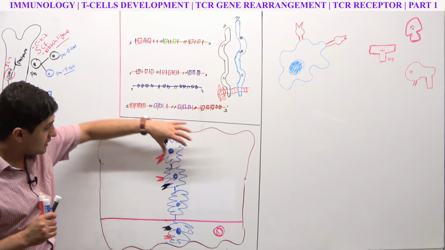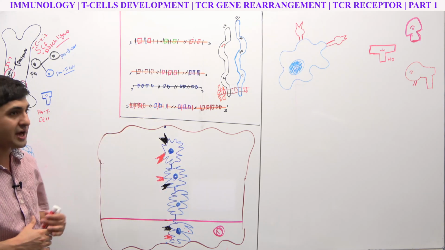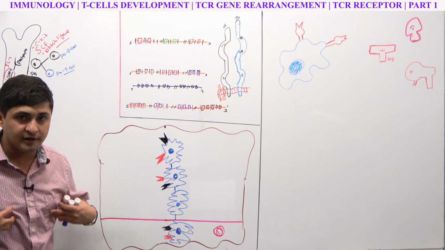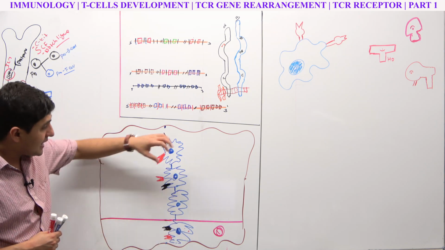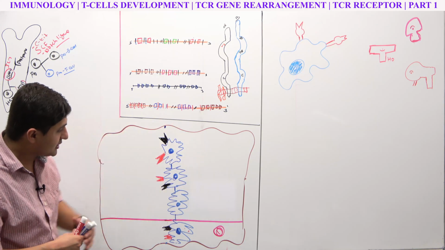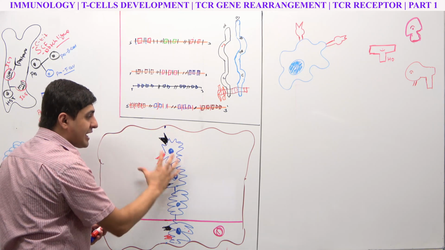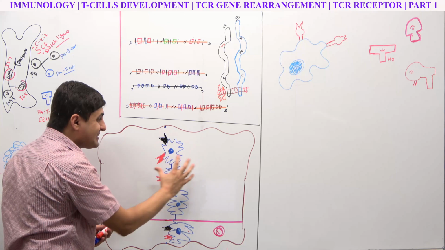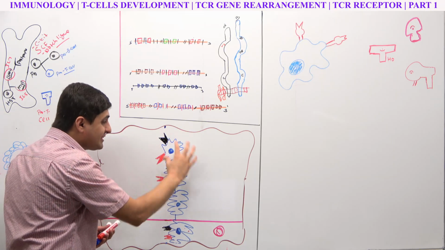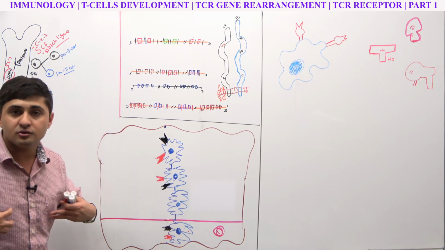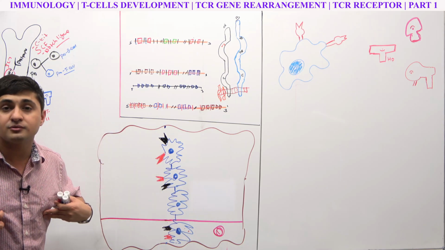Also, the thymus is a multi-lobe structure. It has a cortex, it has a medulla. And this cortex, especially, has epithelial cells with pseudopod-like structures. Do you know where they originate from? From the stromal cells.